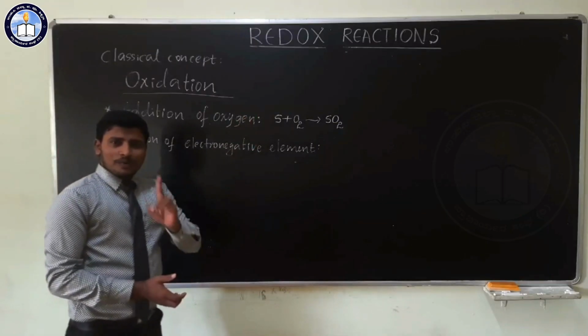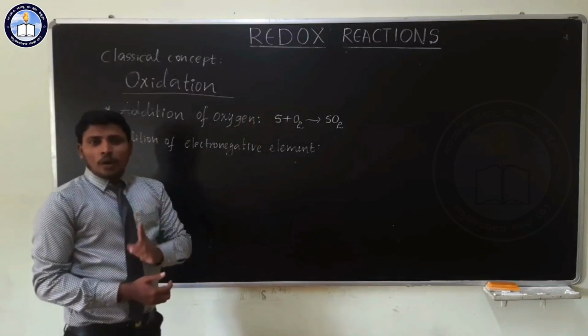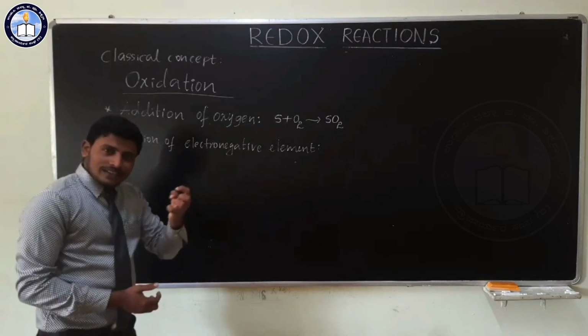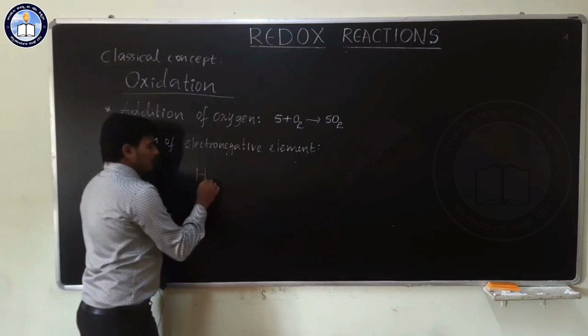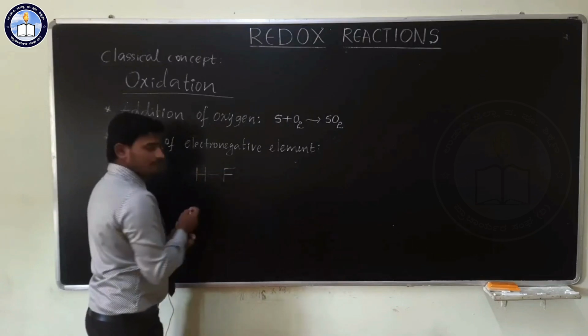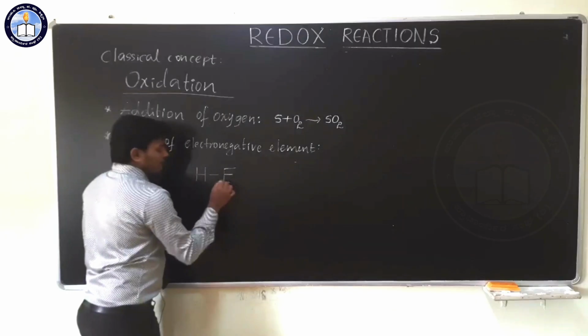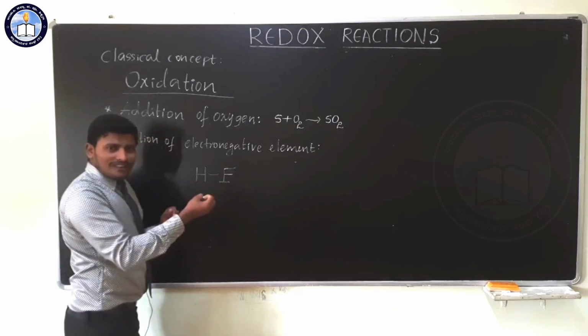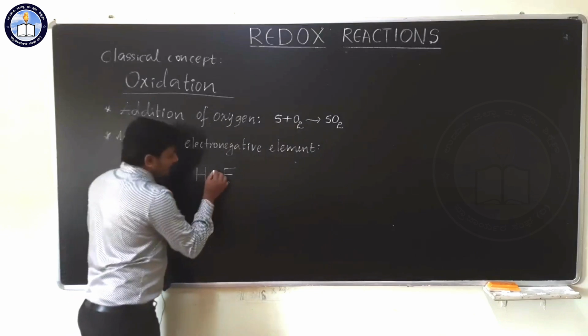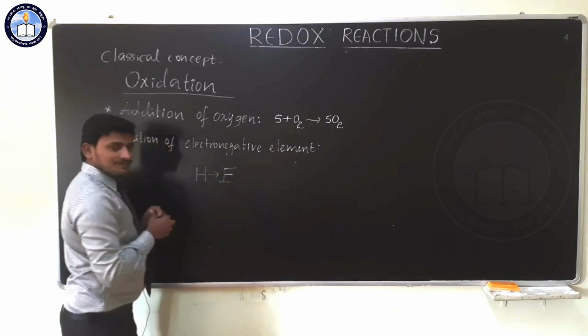An electronegative element is the one which has the ability or tendency to attract the electron pair towards itself. For example, if I give the example of HF, F is the one which has strong affinity or strong attraction tendency to attract electrons towards itself.